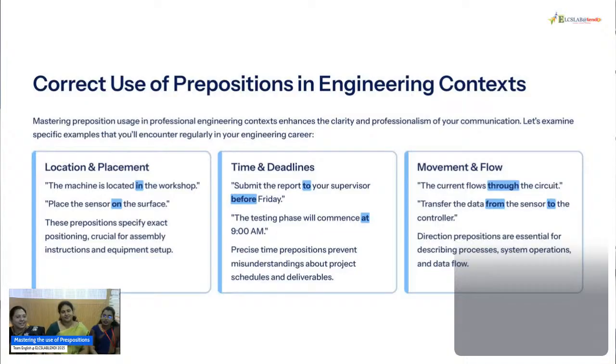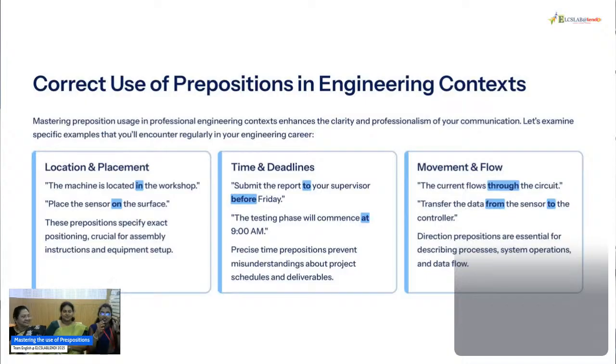Then time and deadlines. Ma'am, can you please go with the time and deadlines? When it comes to deadlines, everybody is worried. Oh my God, how to meet the deadline? All of us are worried about the deadline. So when it comes to deadlines and time, we use these beautiful prepositions like: submit the report to your supervisor before Friday, which indicates that you need to submit before the deadline.